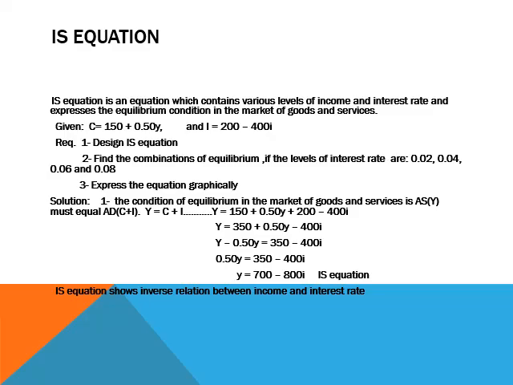I equal S or S equal I is the condition of income equilibrium for two sectors model, household sector and investment sector. So IS equation is an equation which contains various levels of income and interest rate and expresses the equilibrium condition in the market of goods and services.